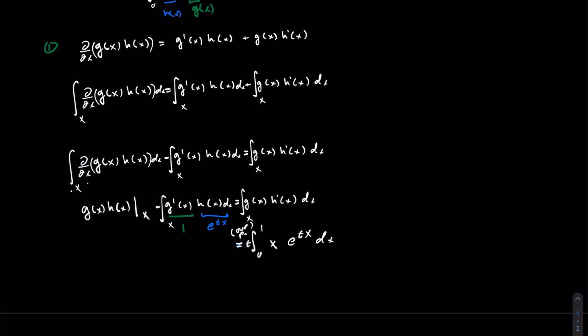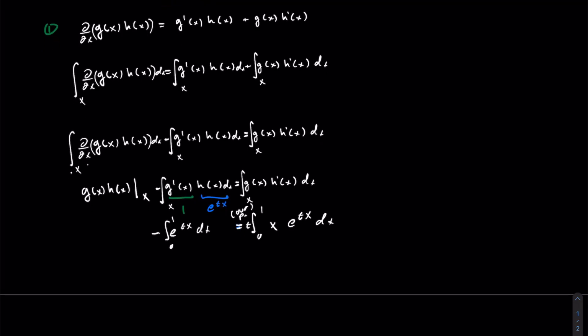And now we can write out e to the tx here from 0 to 1 dx, and g of x, h of x, that's just whatever to the x remains here from 0 to 1.